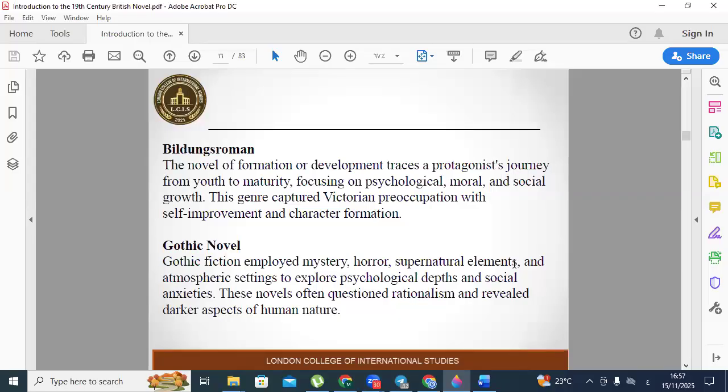Classic Gothic novels include Ann Radcliffe's The Mysteries of Udolpho, but Gothic elements appear throughout Victorian fiction, in the Brontë novels, in Dickens' psychological intensity and sensation fiction. Gothic fiction revealed anxieties about sexuality, gender, class, and empire that polite society preferred not to discuss directly. The supernatural became a language for exploring what couldn't be said explicitly.